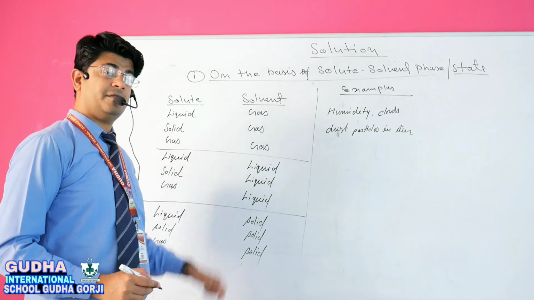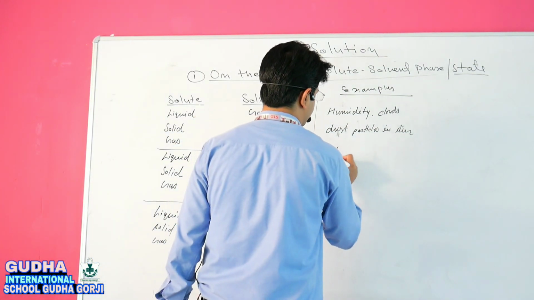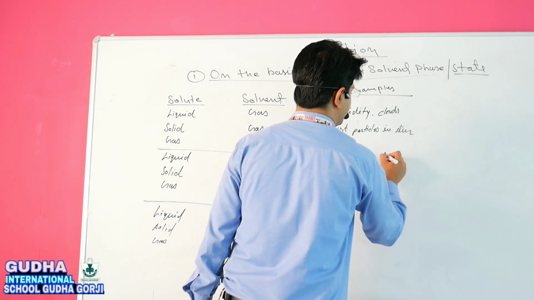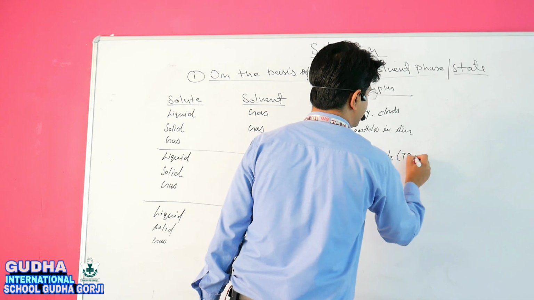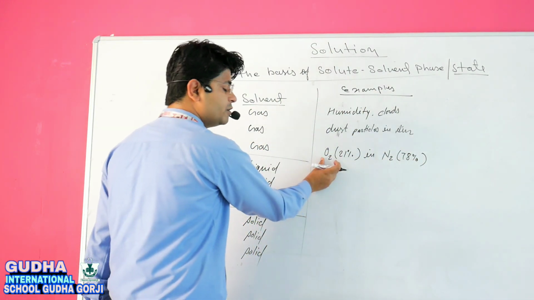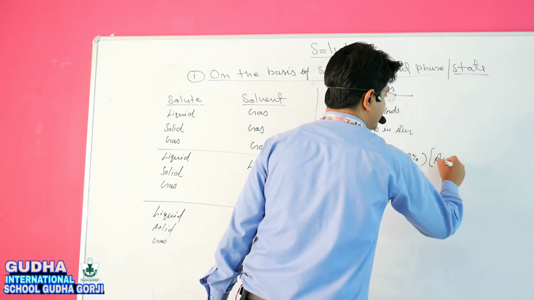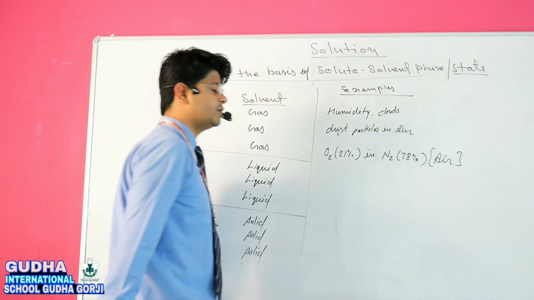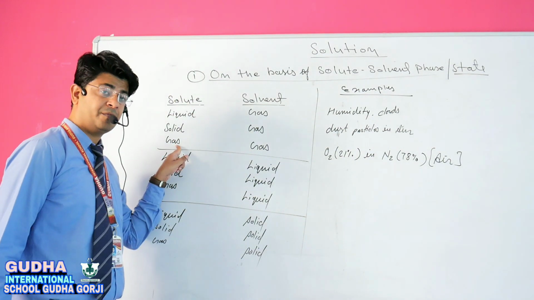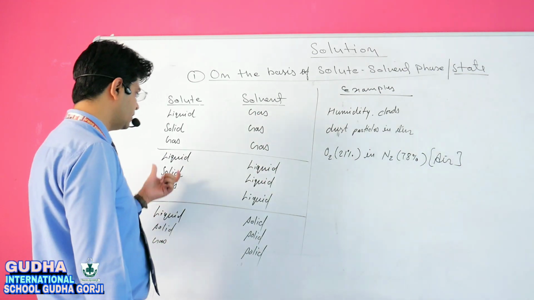Gas in the gas: oxygen, which is 21%, present in nitrogen gas, which is more than 78%. So here N2 is the solvent and O2 is the solute. These are the components of air. So air is the solution in which the solute is also a gas and the solvent is also a gas.